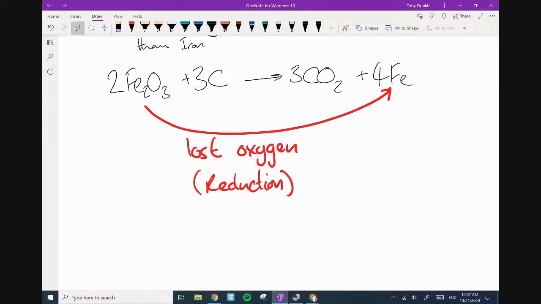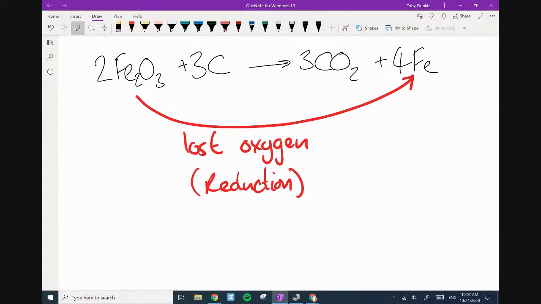So reduction, why is it called reduction? Well, the word to reduce means to get smaller. You can look at it as going from a large compound to a smaller one, to an element. But in reality, what's happening is the iron is in a +3 charge here, and it's in a 0 charge here.